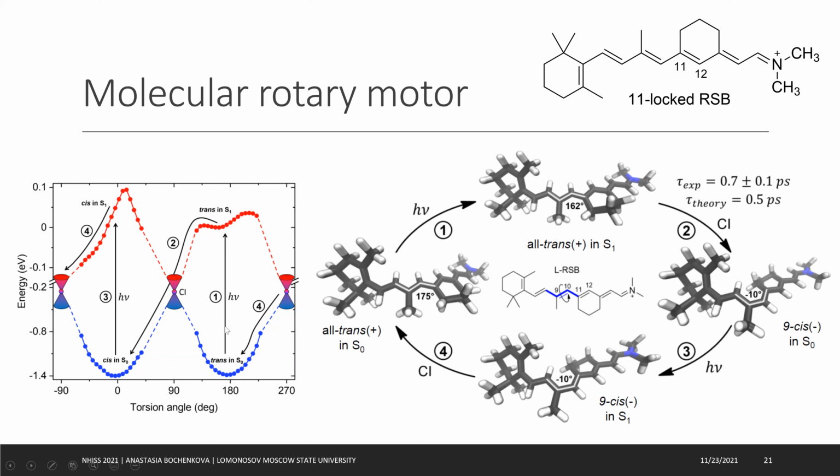There is one absorption of a 600 nanometer photon from the all-trans going to 9-cis, and then from 9-cis another step going to the all-trans again. And there are no intermediate states in the ground state which possibly could slow the entire cycle. So this is quite nice, and I think this idea can further be developed.